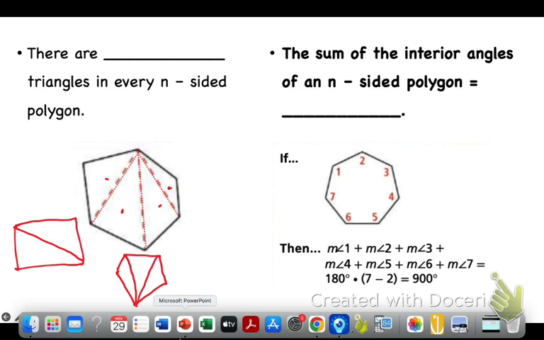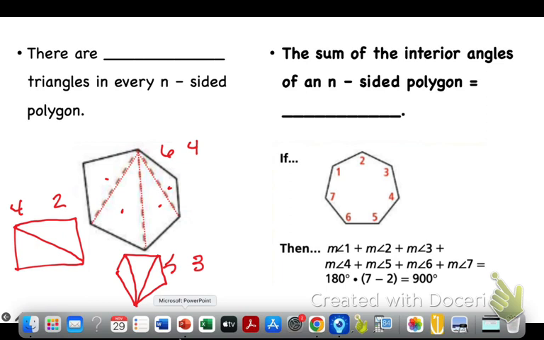3. So 4 sides, I had 2 triangles. 5 sides, I had 3. 6, I had 4. What's the relationship between 4 and 2, 6 and 4, 5 and 3? What's the relationship between those two numbers? However many sides there are, it's always subtracting by 2. You're always subtracting by 2.